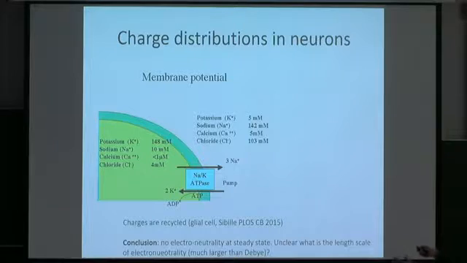Now, if you open Wikipedia or any classical textbook, the books that have been written for the last 20, 30, 40 years, you get this concentration of potassium, sodium, which are the 2 main players. Calcium is an important player, but not in terms of the concentration. And then you have chloride. So this is what happens: you have this inside the cell, and this is usually the concentration in the extracellular space.